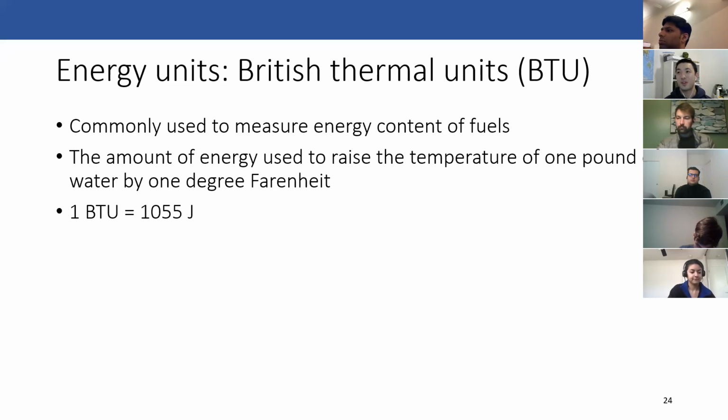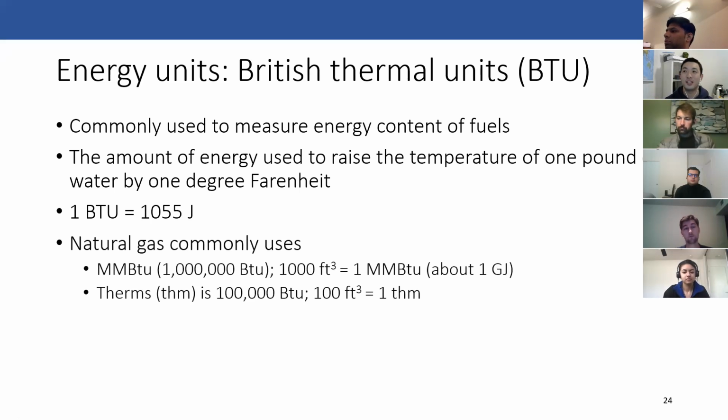And one of the common reasons why this is still a thing is because it's nicely round for natural gas. So 1,000 cubic feet of natural gas is almost exactly 1 MMBTU, which is 1 million BTUs, and that's about equivalent to 1 gigajoule.